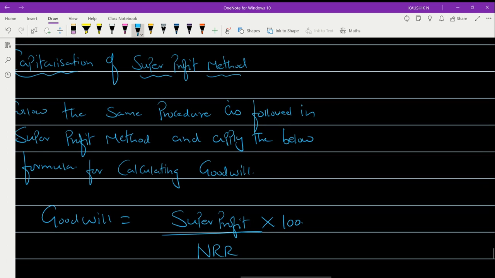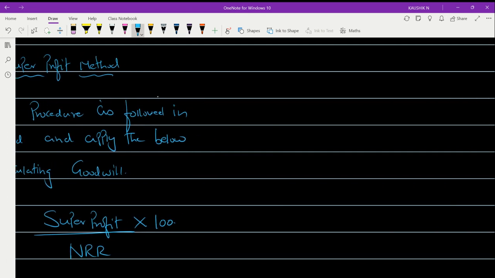Whereas in super profit method, okay, I'll show the comparison between this and that. In super profit method, whatever steps you follow, the same you'll be following here. First step, you have to find super profit. How will you find super profit?